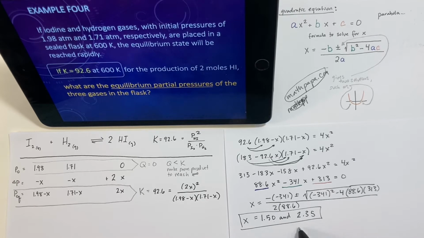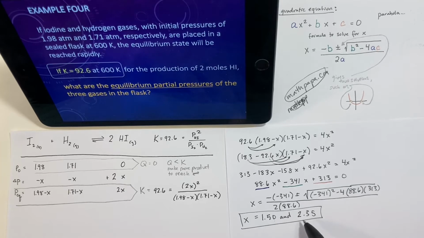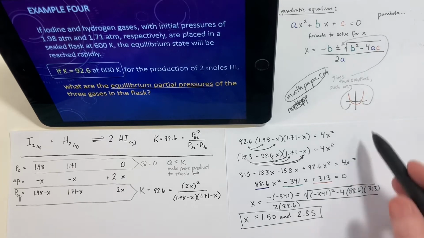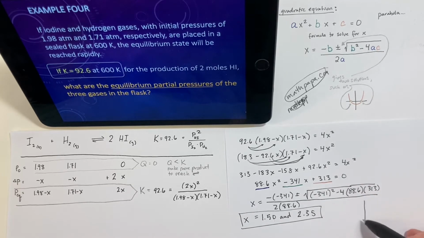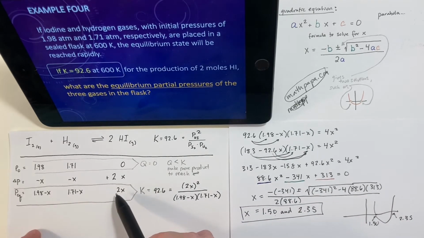Ultimately, we're only allowed 3 sig figs in our final answer. Now, we have two x values, but not both of them are going to make sense to us. Turns out they're both positive, like this parabola crossing over here, a 1.50 and a 2.35. But that's the math part. We want to know what makes sense physically.